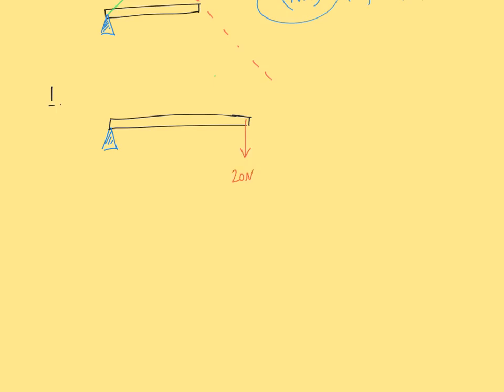Let's go 20 newtons, and let's say that perpendicular distance is 2 meters. So the moment equals the force times the perpendicular distance to the pivot. So we've got 20 newtons multiplied by 2 meters. That gives us, of course, 40 Newton meters.